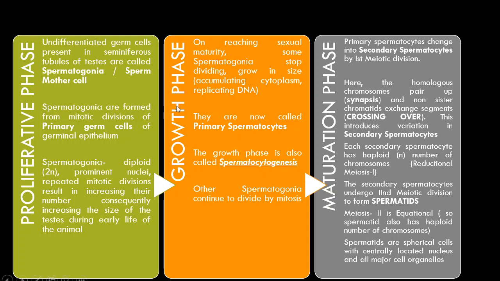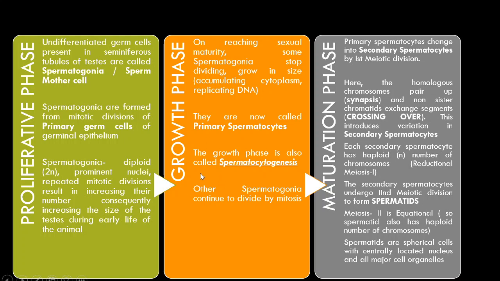The second phase occurs on reaching sexual maturity, where some of the spermatogonia stop dividing by mitosis and they grow in size by accumulating cytoplasm and then replicating the DNA. They are now called the primary spermatocytes. So from spermatogonia, they have changed into primary spermatocytes.